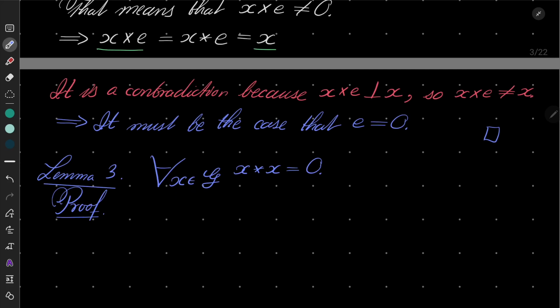Again, I will prove it by way of contradiction. But maybe let's first notice that 0 star 0, well, we know that 0 is exactly the neutral element of our group, and E star E is E. But again, E is 0, by lemma number 2.